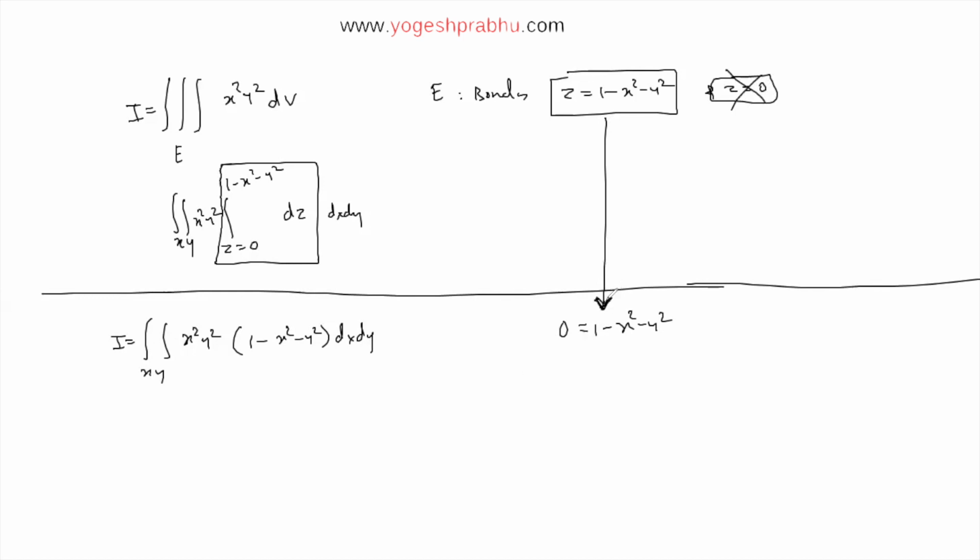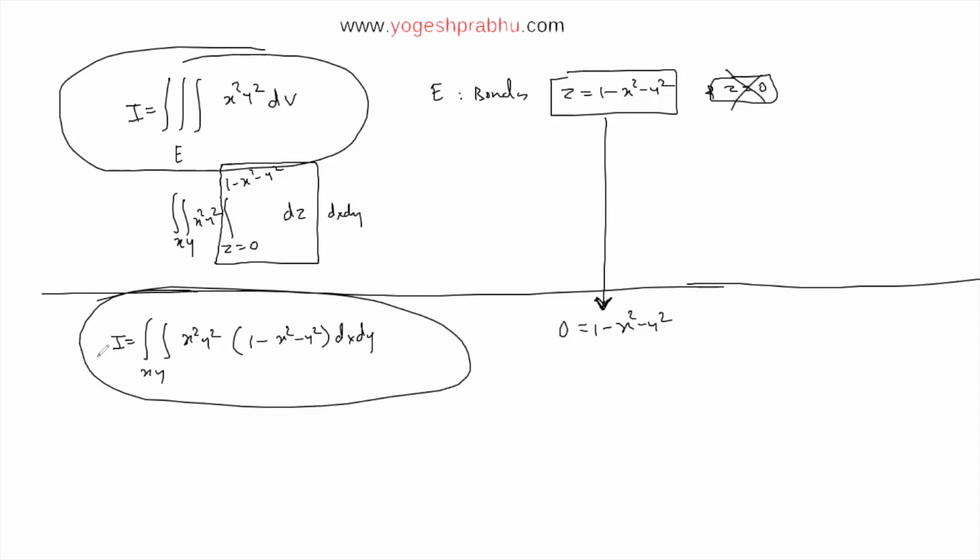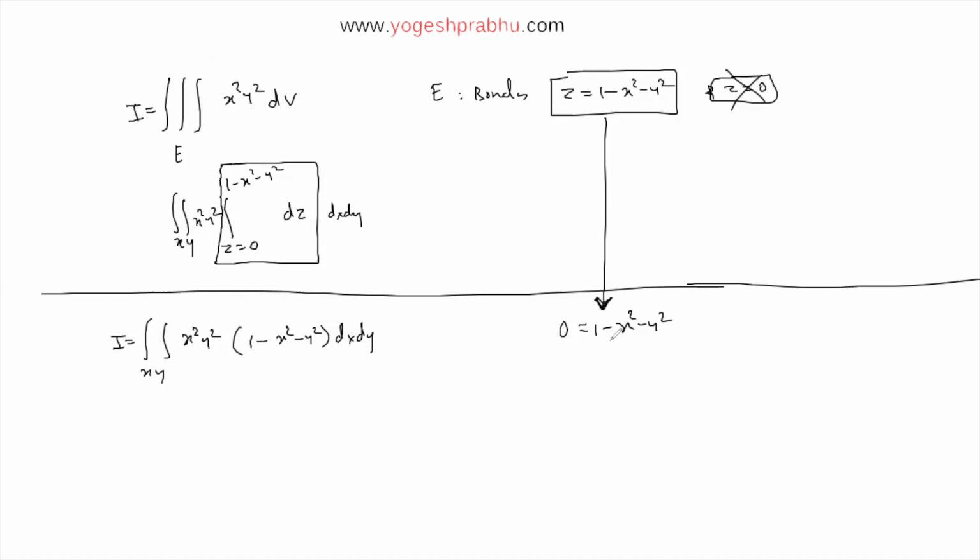Now you have to understand that here you had 3 variables, x, y, z, and now you have only 2, x and y. So you get x square plus y square equals 1.